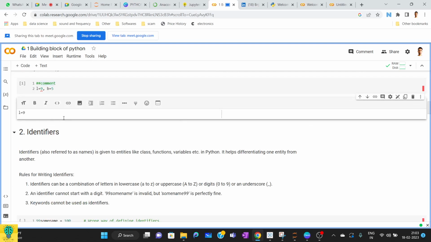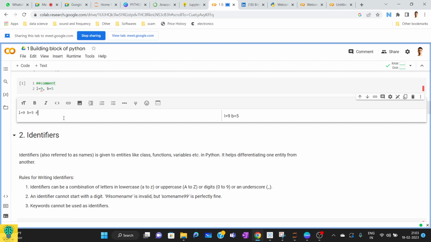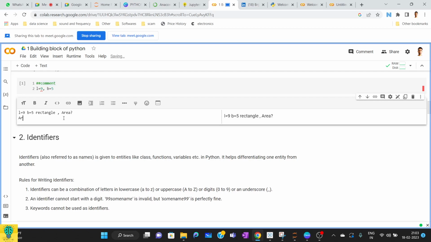So length of my rectangle is 9 and breadth of my rectangle is 5. And I want to calculate the area. What is the area? To calculate area, we all know that area is equals to length into breadth. That is the formula.